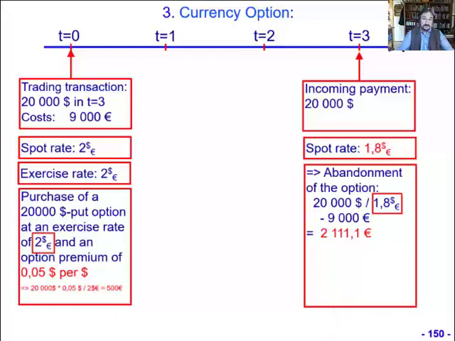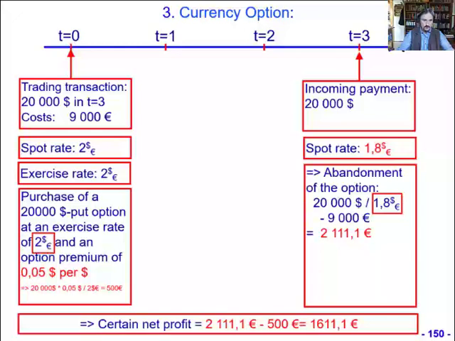As a result, the net profit would now equal 1,611 euro instead of the 500 euro which we would receive if we made use of the option.